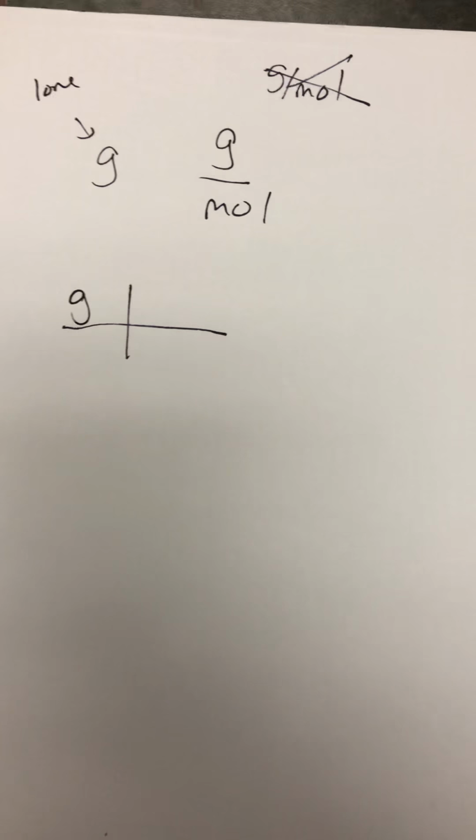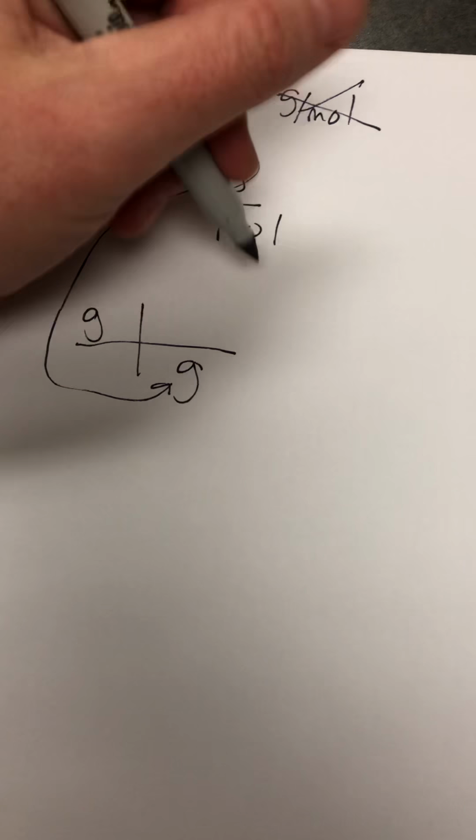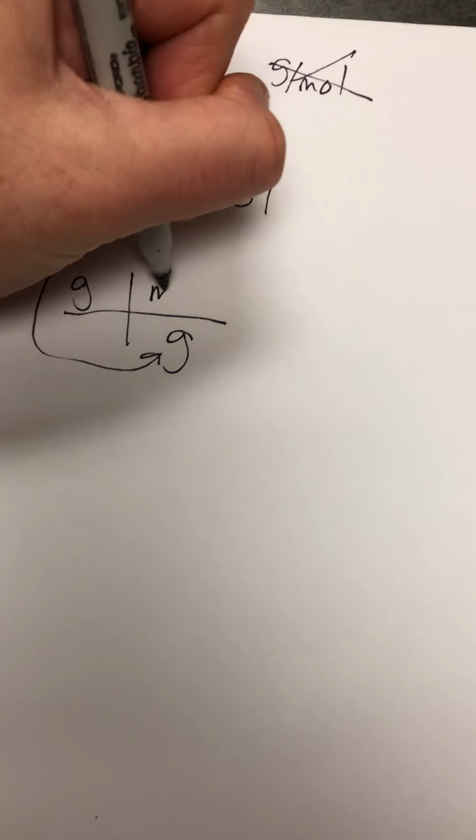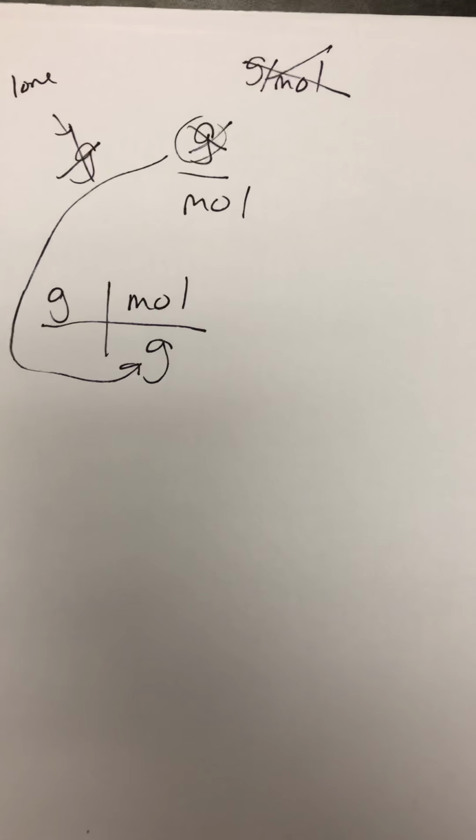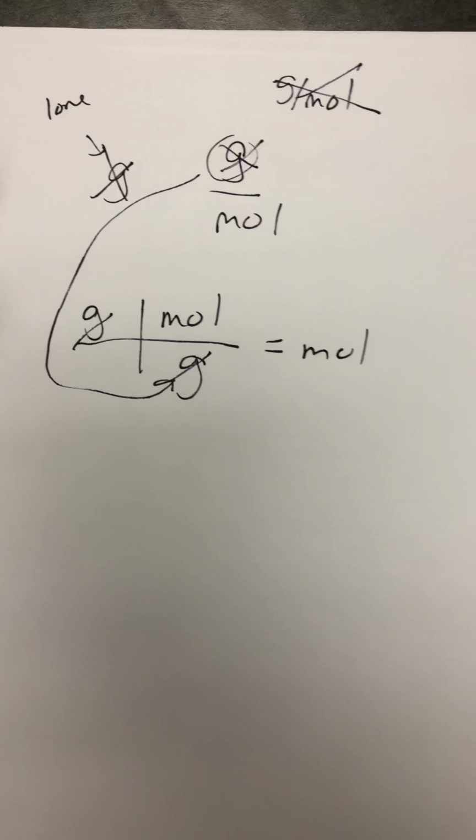We're going to put it there. We've utilized it. If this is grams, we must match it down here with another grams. And then we put whatever is left up top, and that would be mole. So the context is exactly still the same. Grams cancel. We're left with moles.